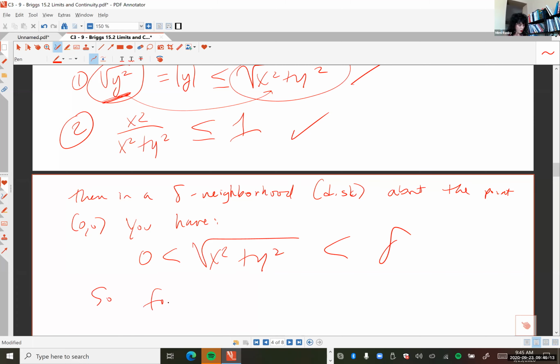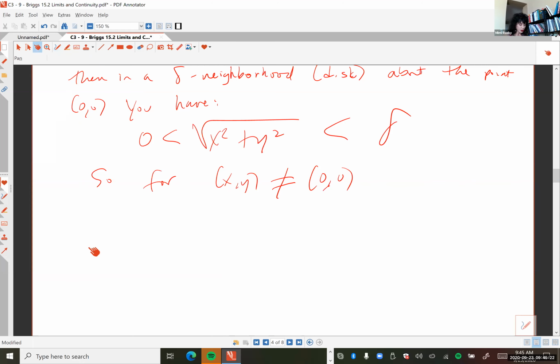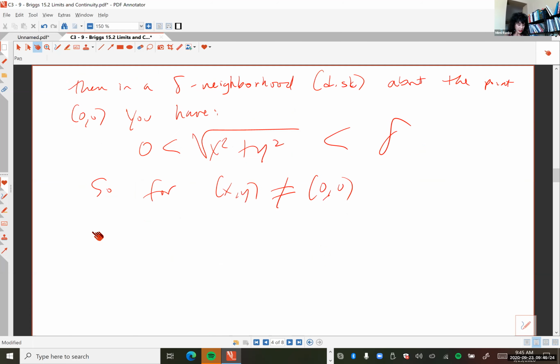For your arbitrary point, not exactly sitting on top of your fixed point, so maybe it's just getting real close, you want to examine the difference between f(x, y) and your limit.